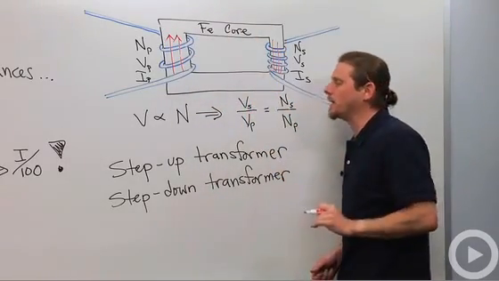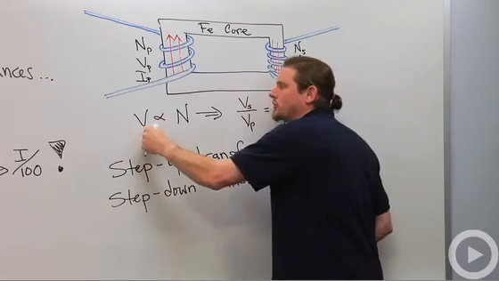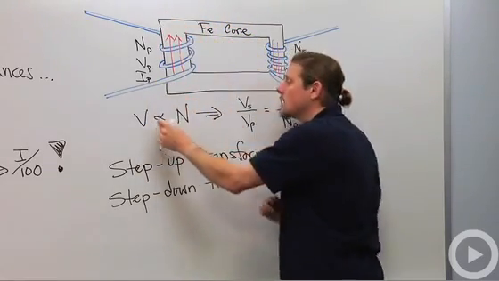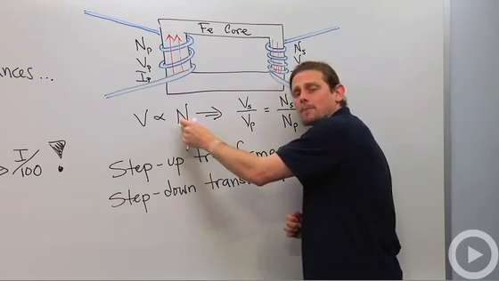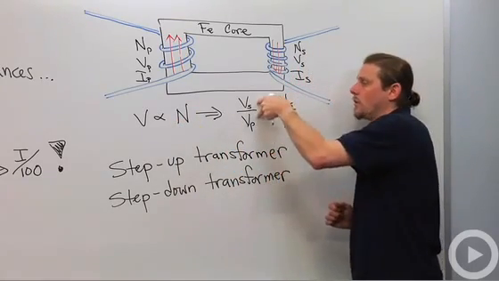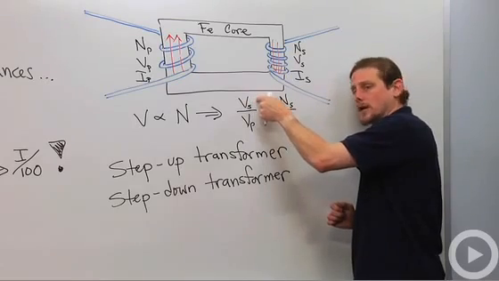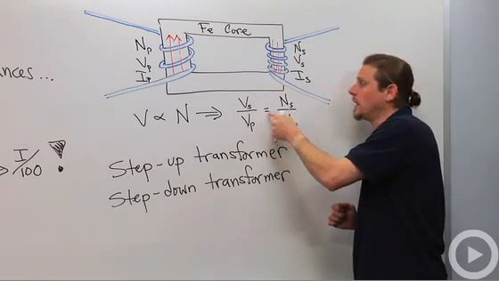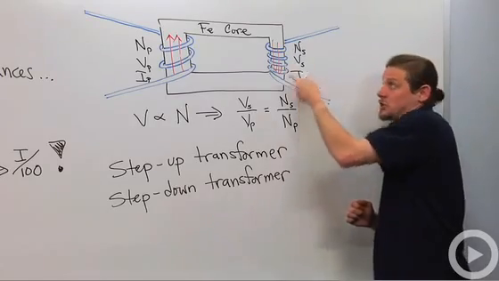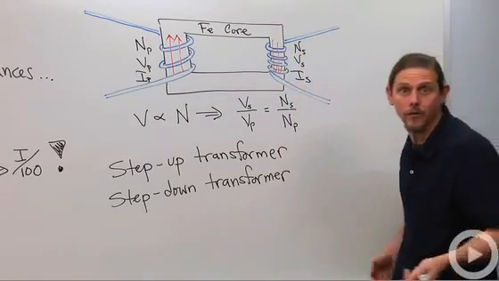But what ends up being the case is that the potential difference between these two parts of the wire is proportional to how many wraps of wire we have. That means the ratio of the secondary potential to the primary potential is equal to the ratio of the number of turns on the secondary side to the number of turns on the primary side. It's a geometrical fact: how many times did you turn it around.